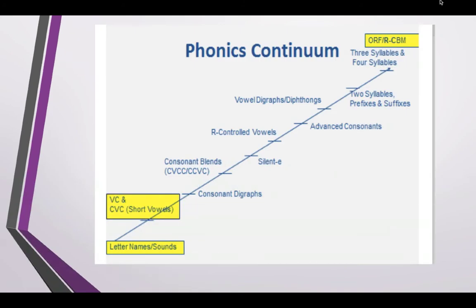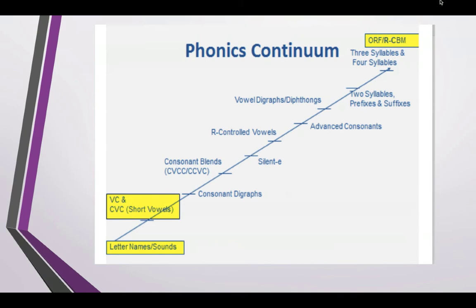So similar to phonemic awareness and phonological awareness, this has a continuum. Generally, you would start with understanding letter names and sounds first. This is happening in preschool and kindergarten now. Understanding short vowel sounds, which happen in consonant, vowel, consonant words, and then long vowels, which happen in vowel, consonant situations.